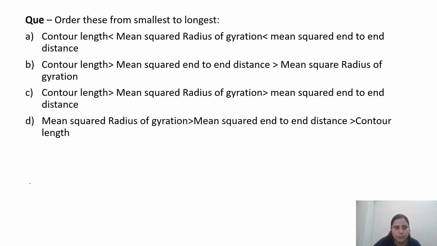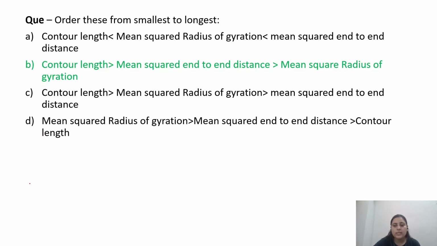Now let's move to the solution, which is B. Understand why B is correct: B says that contour length is maximum, afterwards mean squared end-to-end distance, and then mean squared radius of gyration.